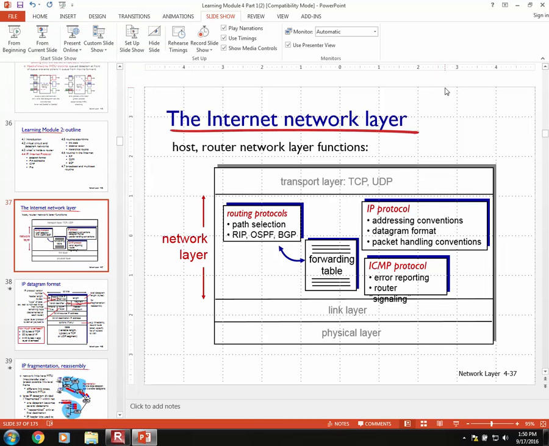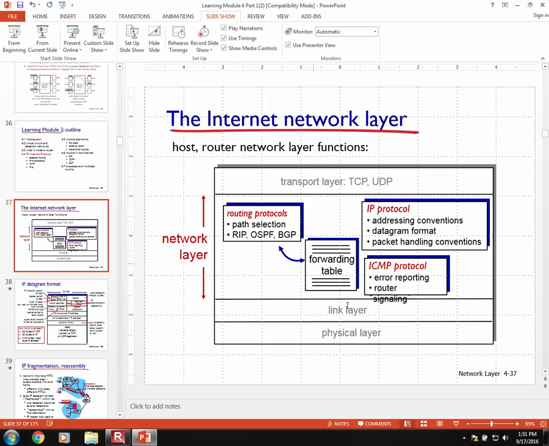So at a very high level, there's a lot going on in the network layer. We have both host and router related network functions. We have routing protocols, which we're going to talk about, that allow the router to determine which path to select when routing packets. There are different actual routing protocols we're going to discuss later, such as RIP, OSPF, and BGP.